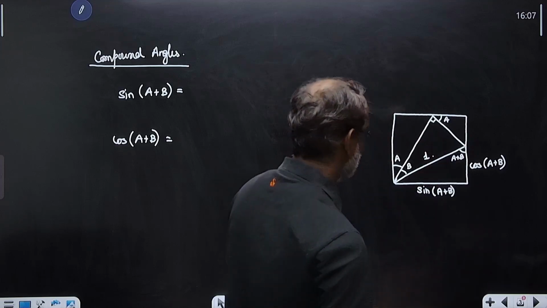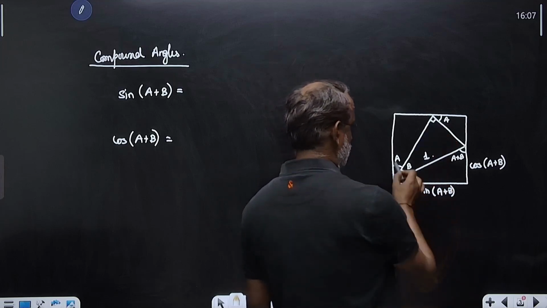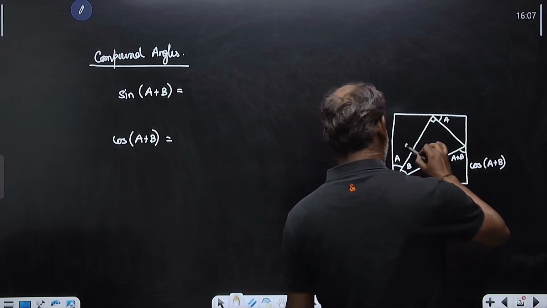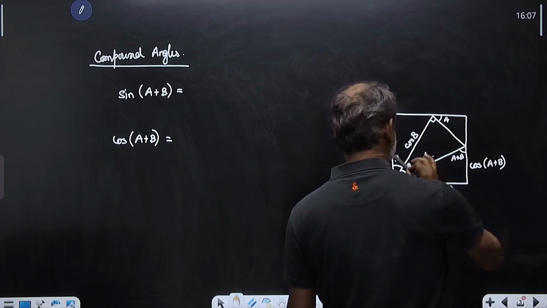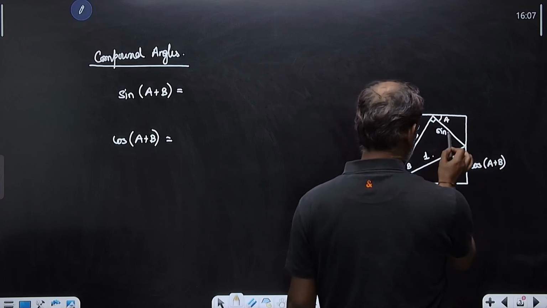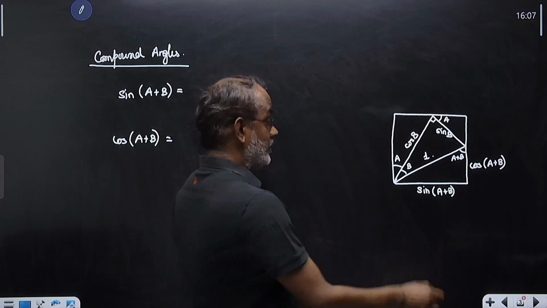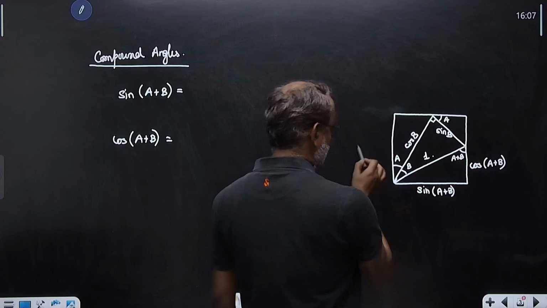So this is cos B and this is sin B. Now if this is cos B, what will this side be?